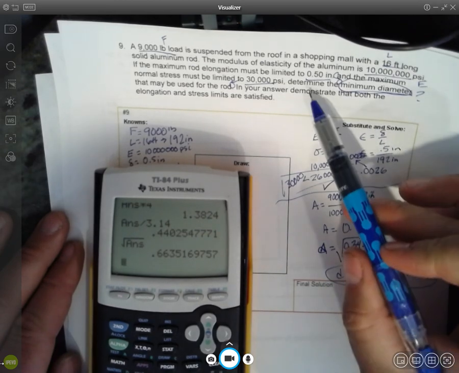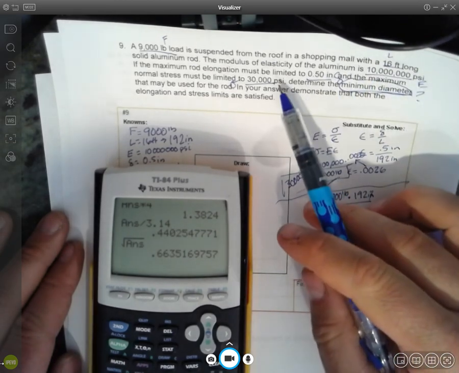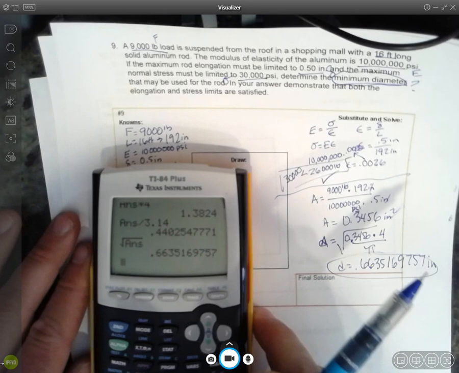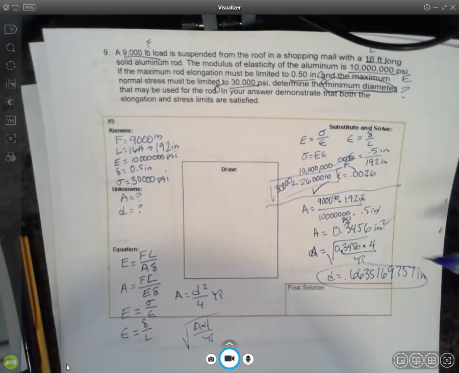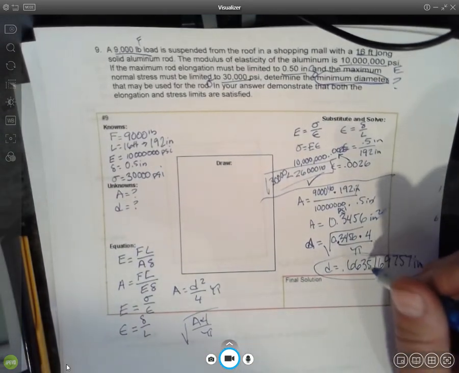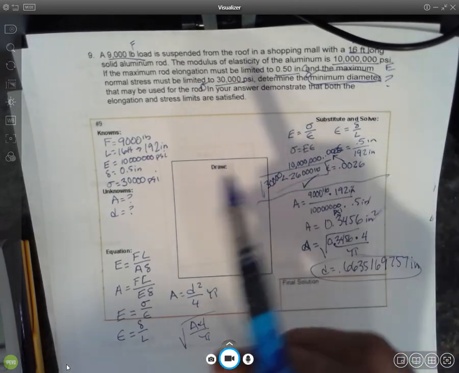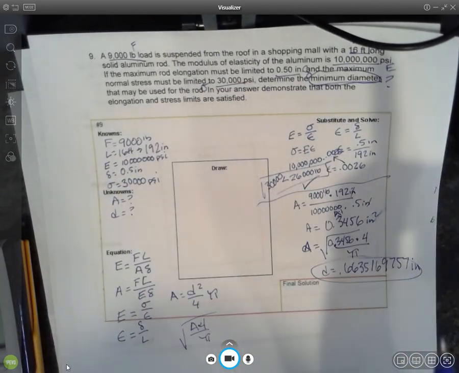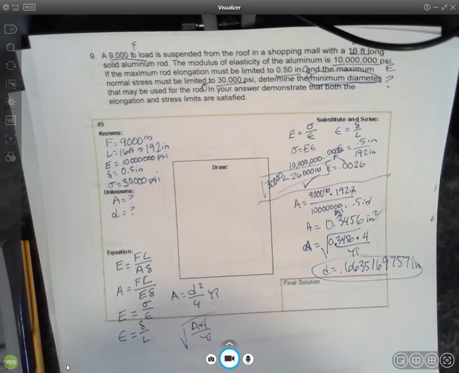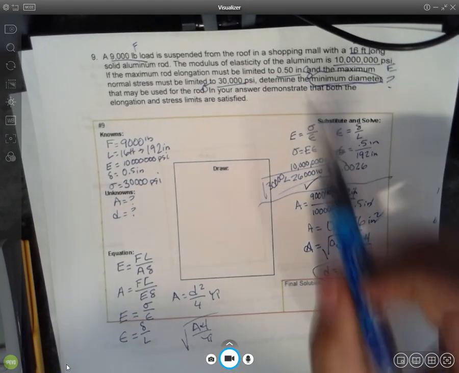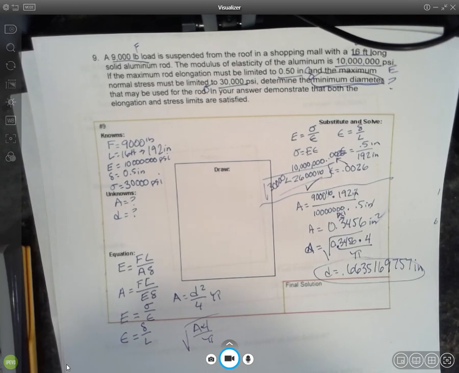It said determine the diameter and elongation limited to ½ inch, which is what we set it to. So that's the size diameter rod that we would need to make sure that we can have a 9,000 pound load, stress less than 30,000 psi, elongation at a maximum of ½ inch, and that would do it.